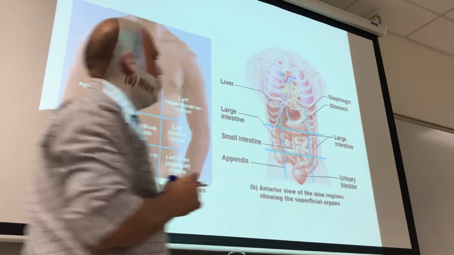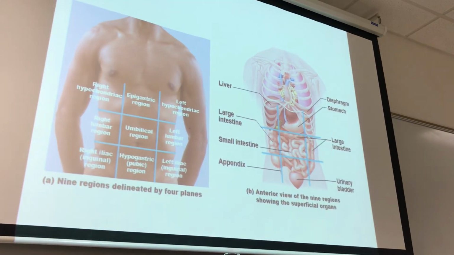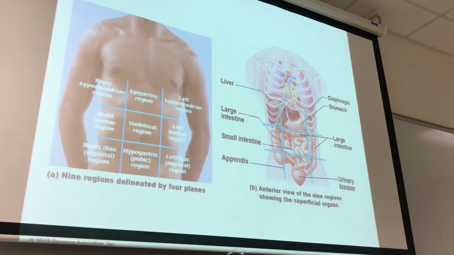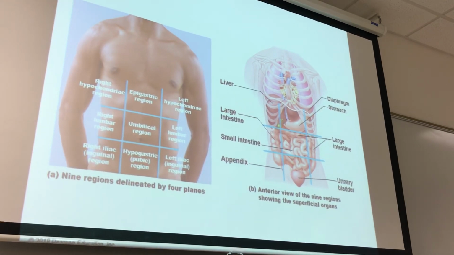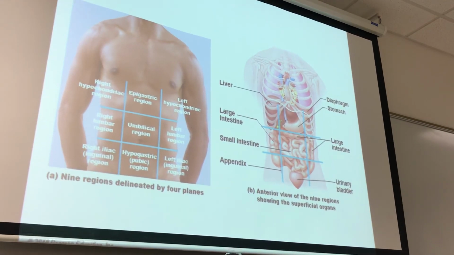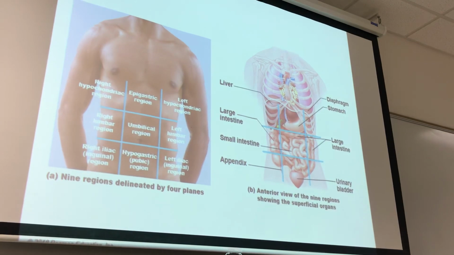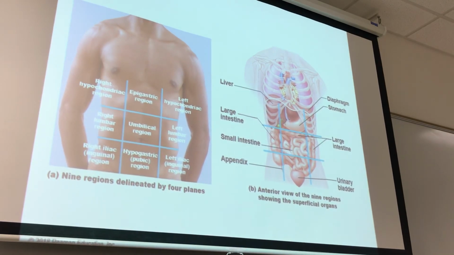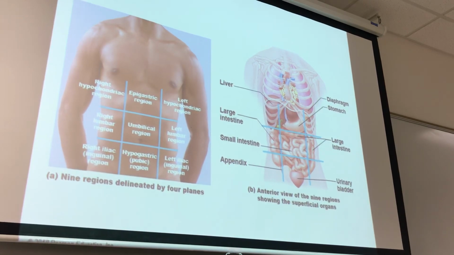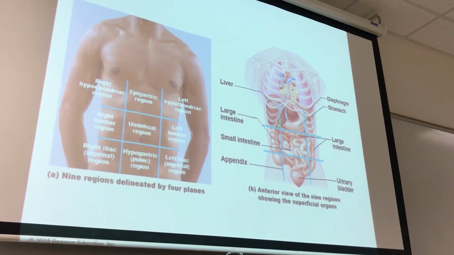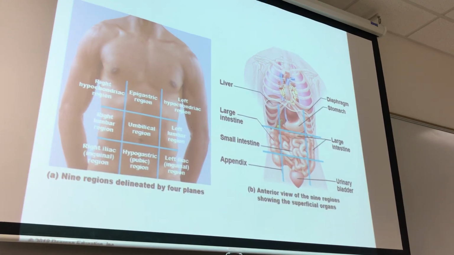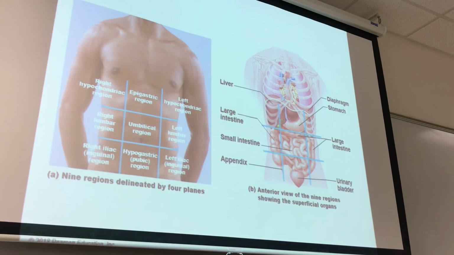Everybody with me? When we think about the lumbar region, we have 2 organs, one on each side of our cavity. Kidneys. In both our lumbar regions, we're going to find kidneys. What was the other one you said? Large intestine. And the large intestine. Which leaves us with our inguinal region.